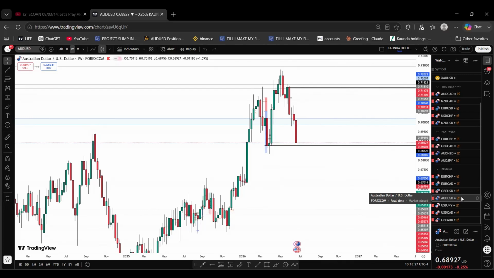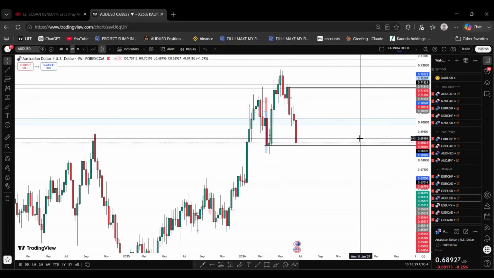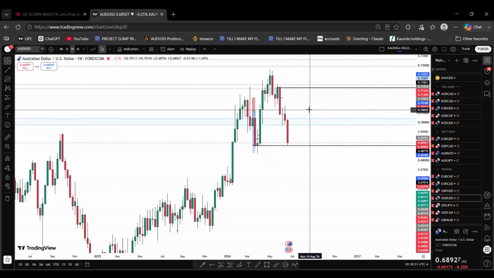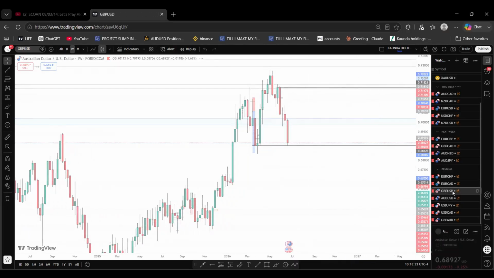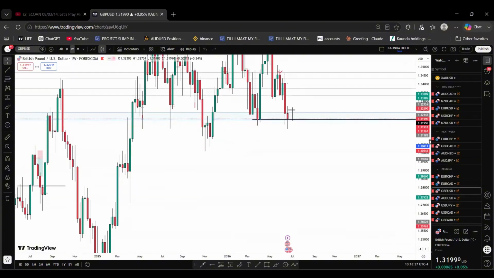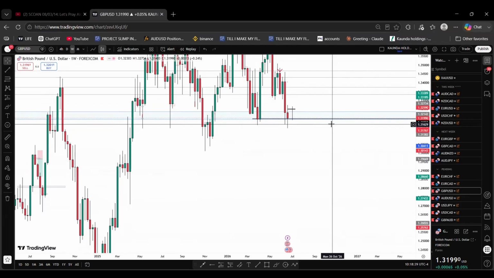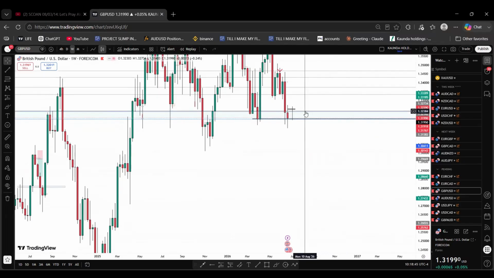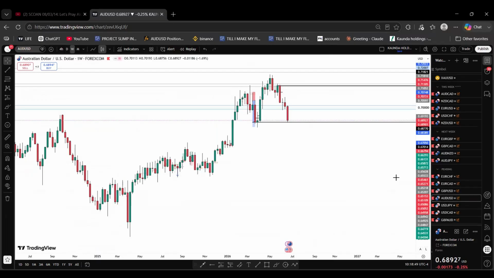So we have AUD USD. As you can see, this one is not different from GBP USD. I was planning to sell in both of them. For this one, I even dropped down the OG level. For this one, I didn't.